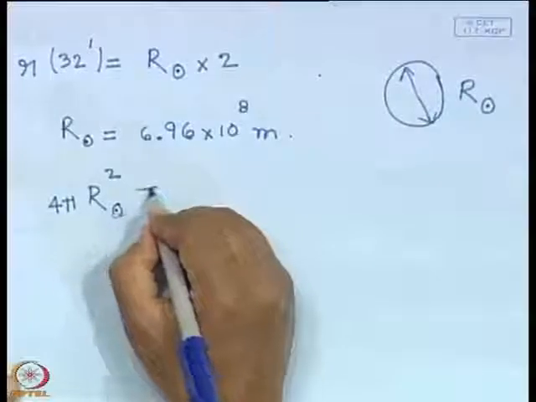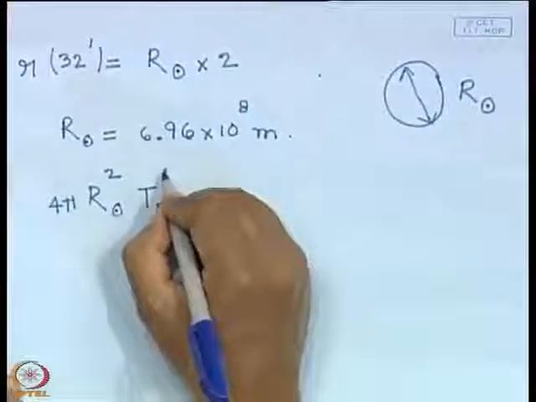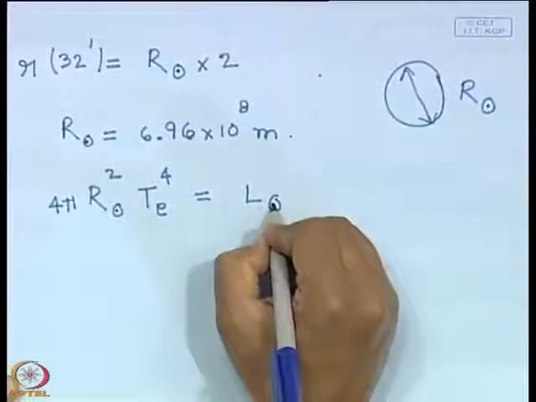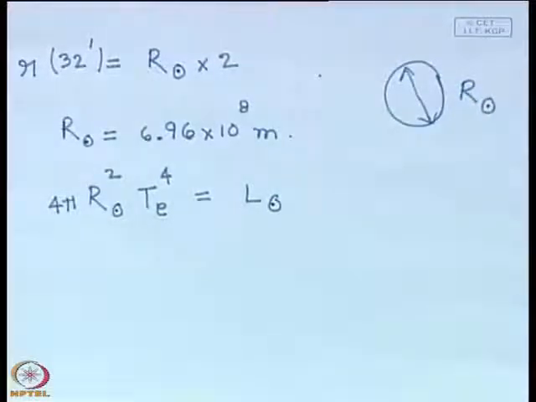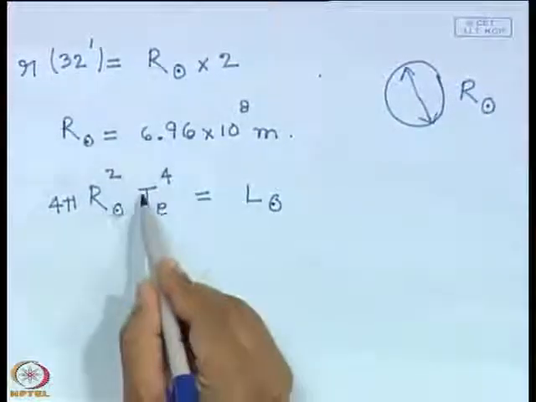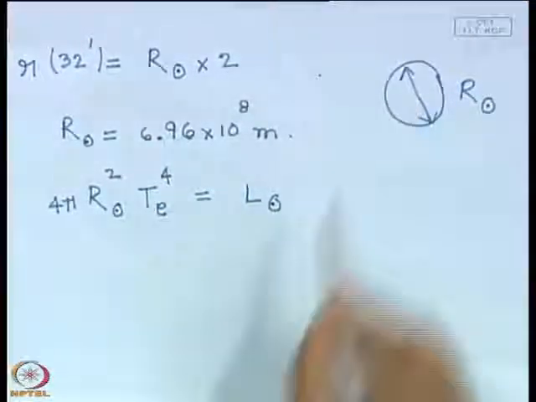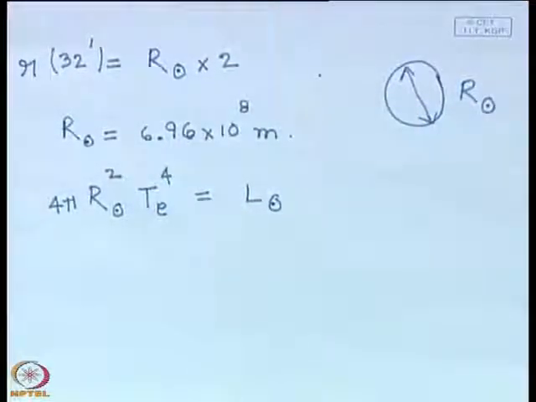So we have already discussed this. So that's how the effective temperature is defined, right? So this into the effective temperature to the power 4 is the solar luminosity. So the effective temperature is the temperature that would be required by a body with the same surface area of the sun to radiate as much energy as the sun does.